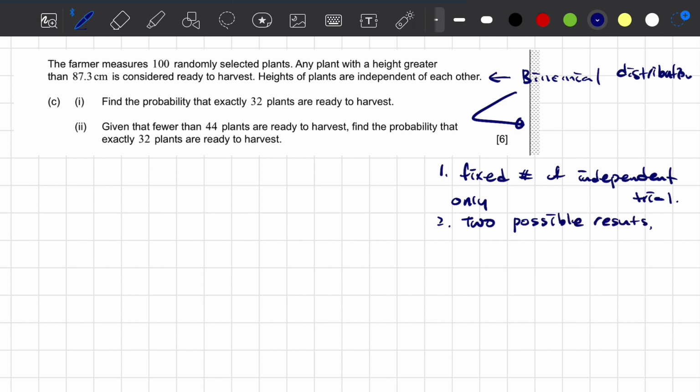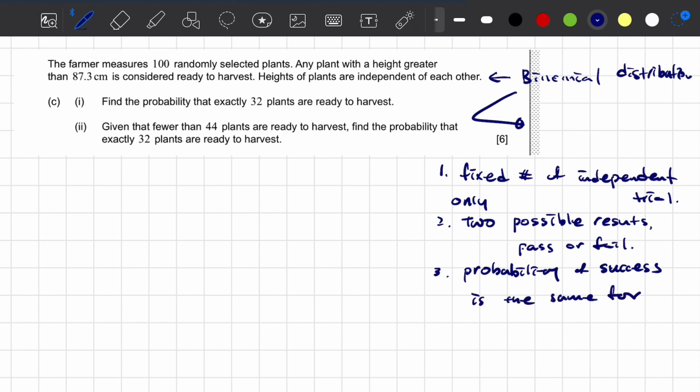So it means pass or fail. Or three, we have the probability of the success is the same for each trial.